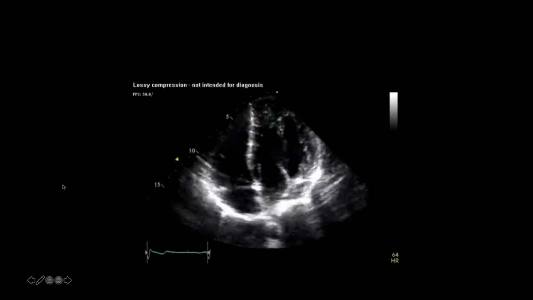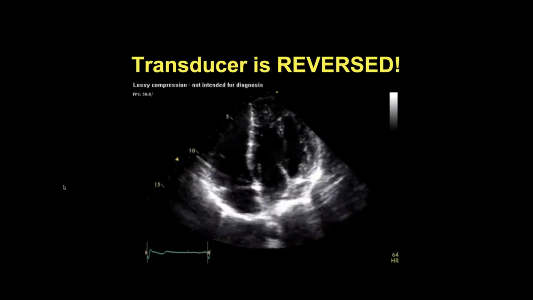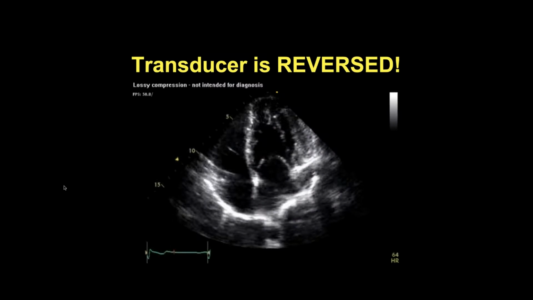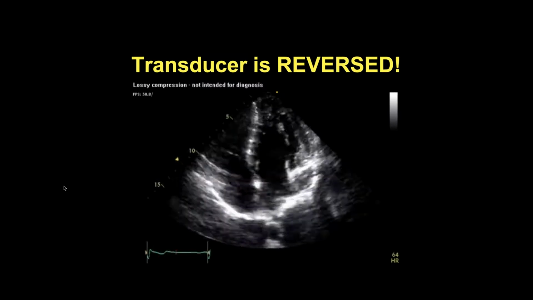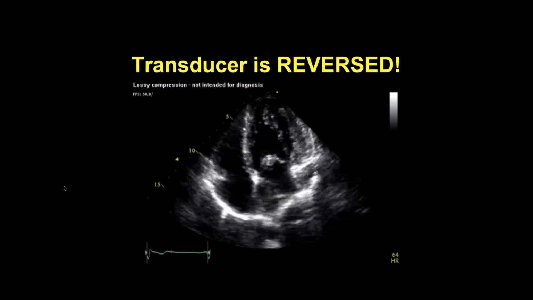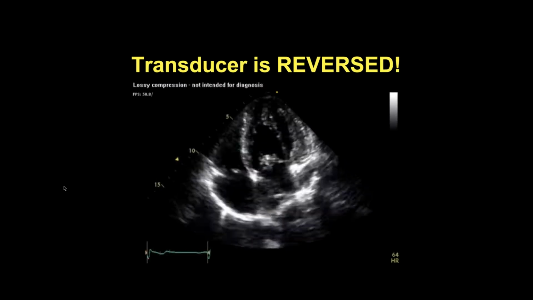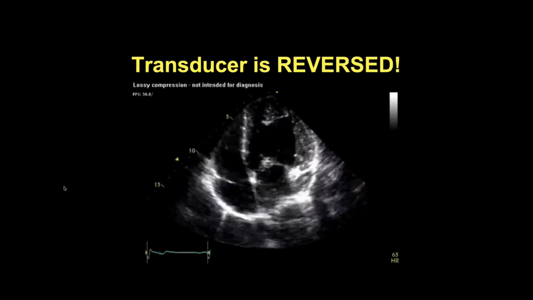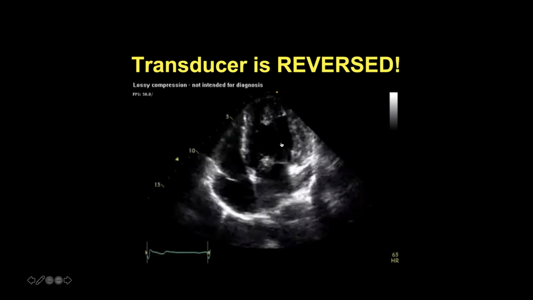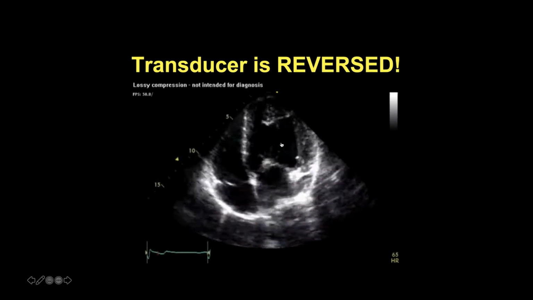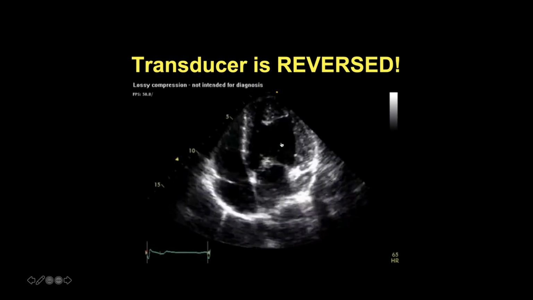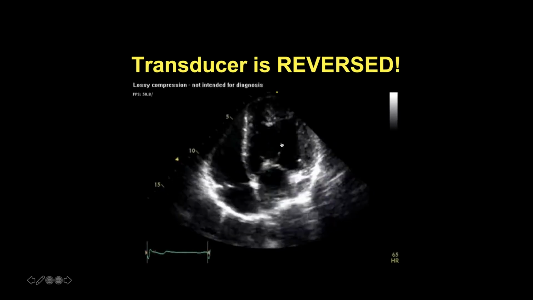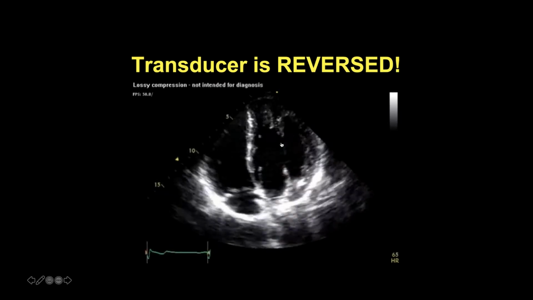If we put together the puzzle, the sonographer reversed the transducer. They do that sometimes because they know in a patient with CCTGA, the right ventricle should be on the left, like here. So they reverse the transducer to have a picture which is familiar to them, but that's forbidden. That should never be done because you don't know what's left or right anymore.